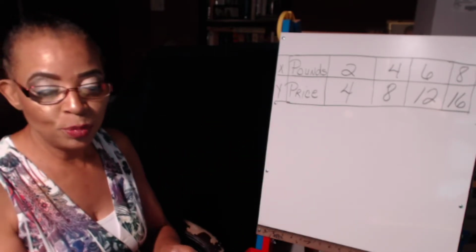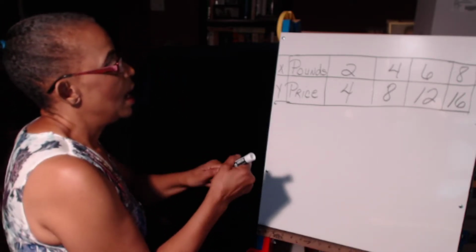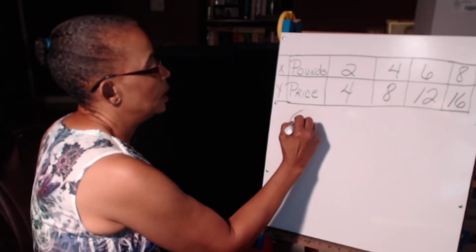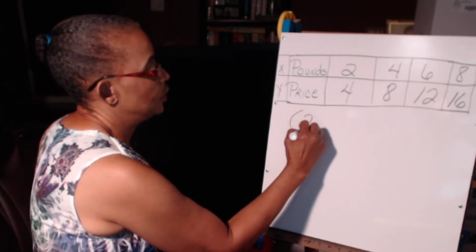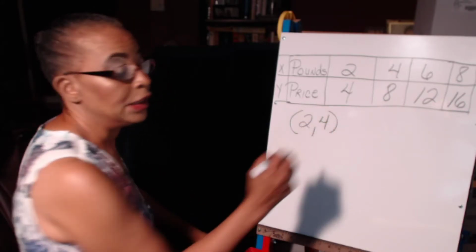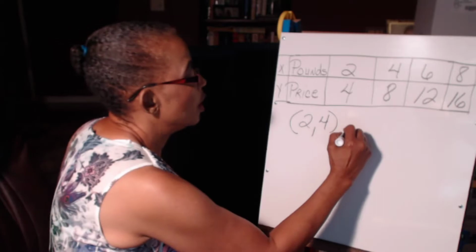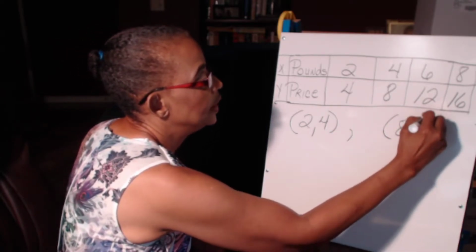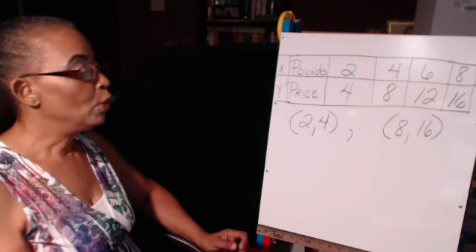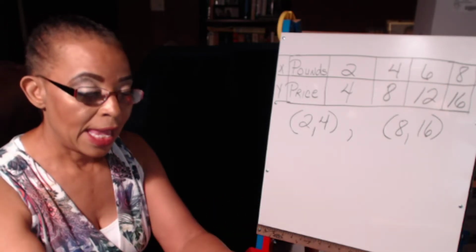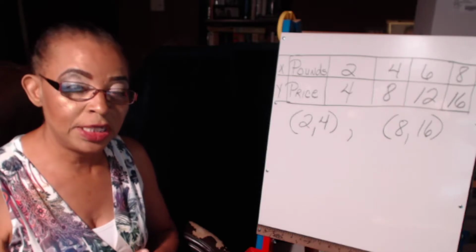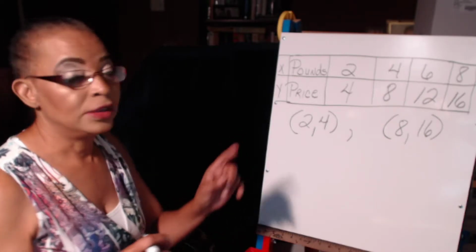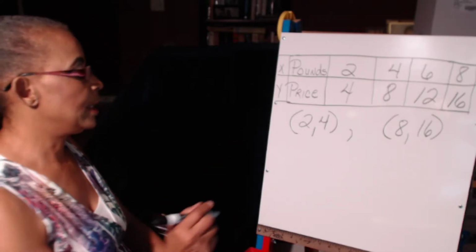So we have 2 points here. We have the x value is 2, y value is 4, and we also have the point where the x value is 8, the y value is 16. We've already said, and the information on the sheet confirms that the slope is 2. So let's try that.